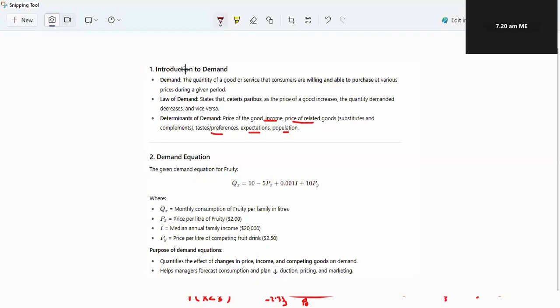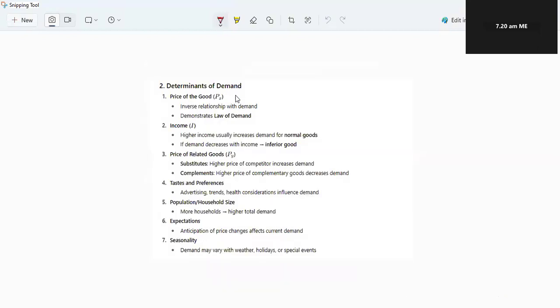So we have the price of its own good. So it has an inverse relationship. So it demonstrates the law of demand. The higher the price, the lower the quantity demanded. And this is the reason why elasticity of demand always has a negative what? A negative because of the inverse relationship.